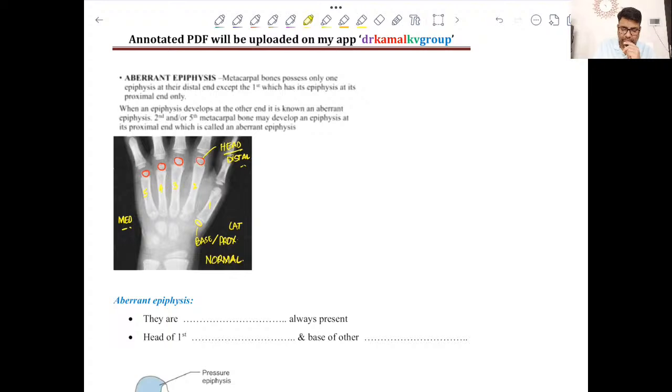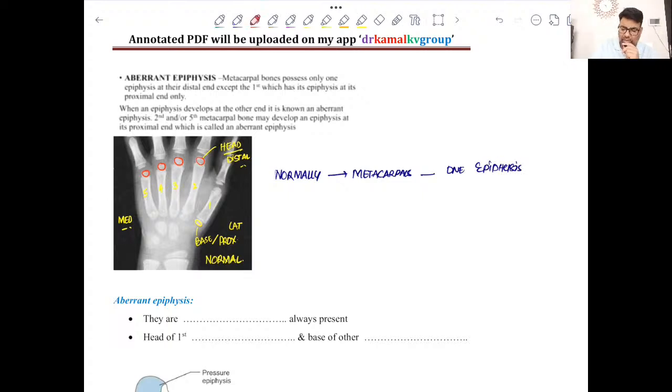Now sometimes there might be appearance of the epiphysis at other ends too. Normally in metacarpals there is only one epiphysis. Clear?